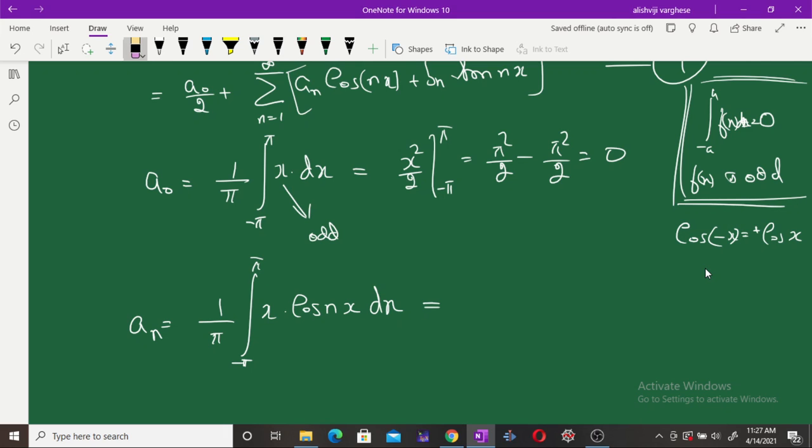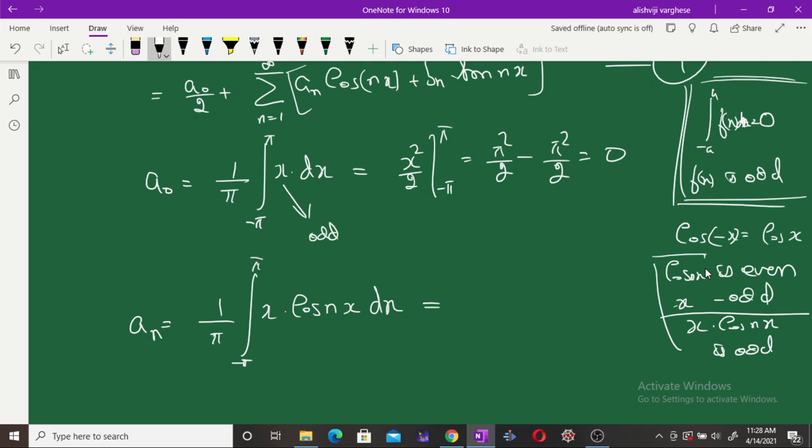Cos of minus x is equal to cos x, so cos x is an even function. In a similar way, cos nx is also an even function, and x is an odd function, and the product of x and cos nx is an odd function. So since x into cos nx is an odd function, this integrand is an odd function, and therefore this integral from minus pi to pi x into cos nx dx is equal to 0.